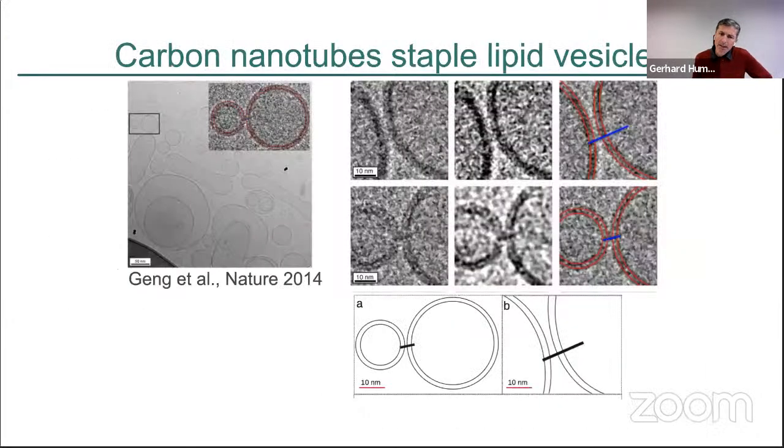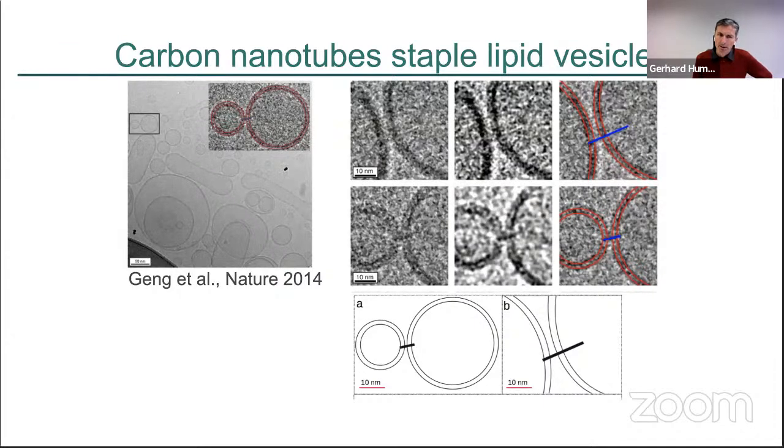But another thing that they observed that my group thought was very interesting was, in their electron micrographs of lipid vesicles with nanotubes, that sometimes the nanotubes were actually stapling different bilayers together.